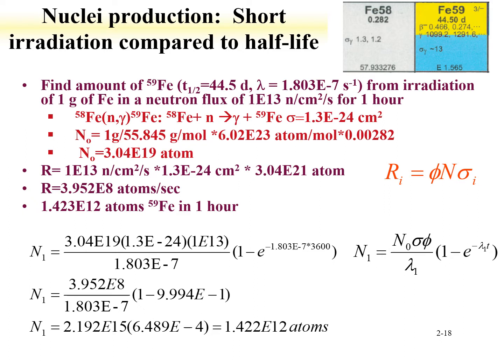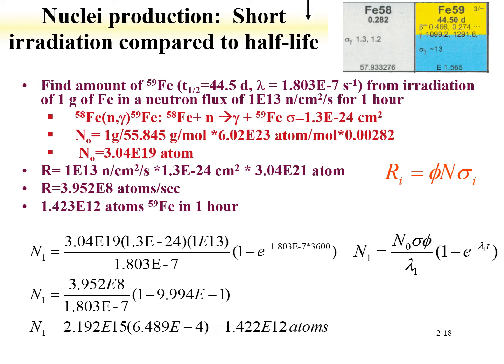So let's take our equation that we have here. We want to get N, right? We want the number of atoms that are sitting in the target. I state that there's 1 gram of iron. The molecular weight of iron is listed here. We use Avogadro's number, so now we've got the number of atoms of iron.